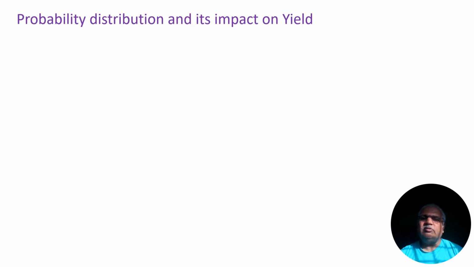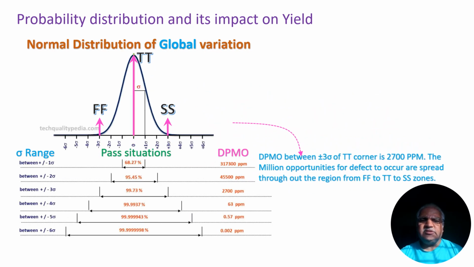However, the design implementation is a sequential process which follows the fabrication. That means after implementation comes the fabrication. So these two together impact the overall or effective yield.